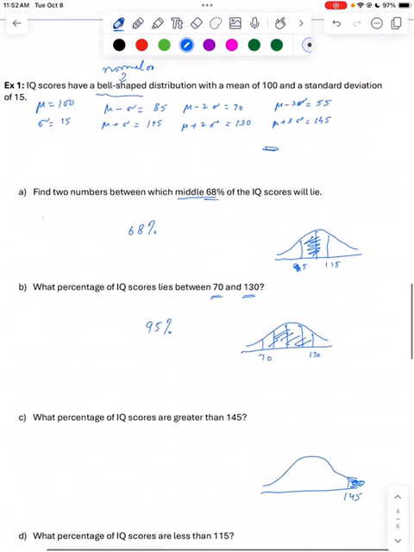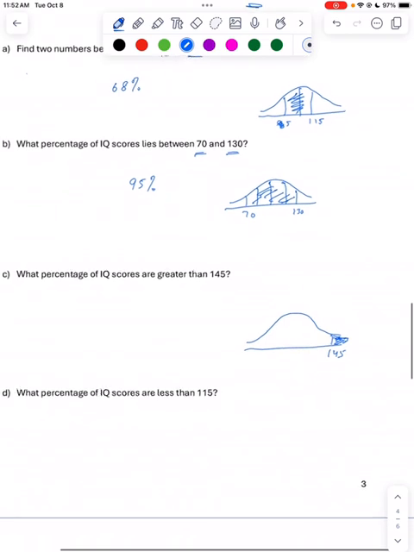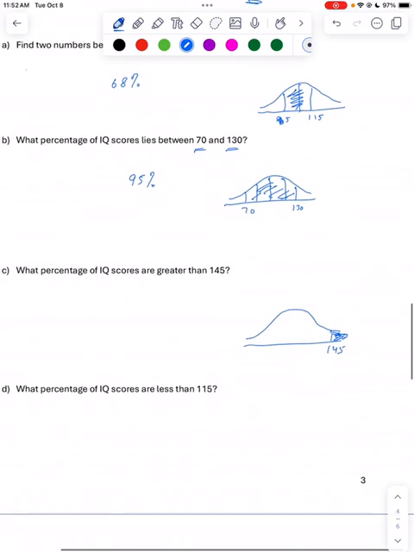So you will say from here all the way to the right. So this is 100. So from 100 onwards, the area will be 50%, minus. Now you will subtract this area.